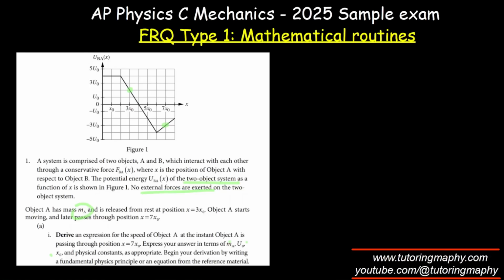The physics principle that we are going to use, because we know that the only force acting is a conservative force, right? And there is no other force.